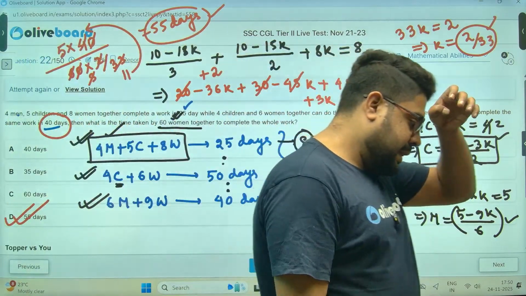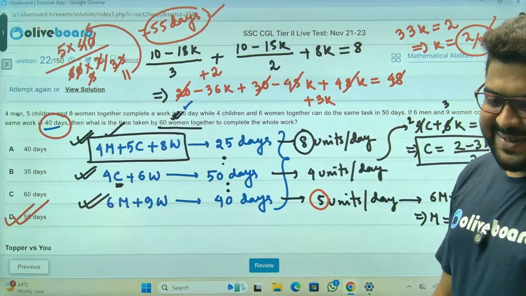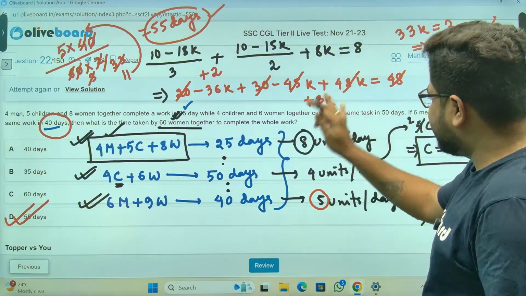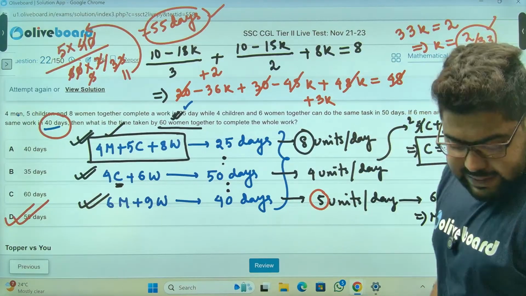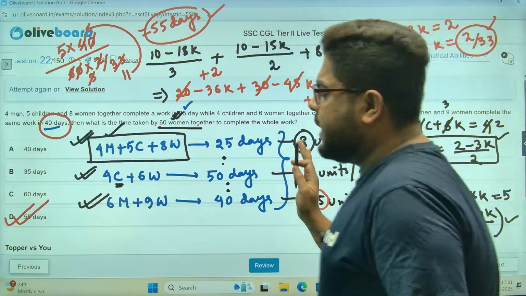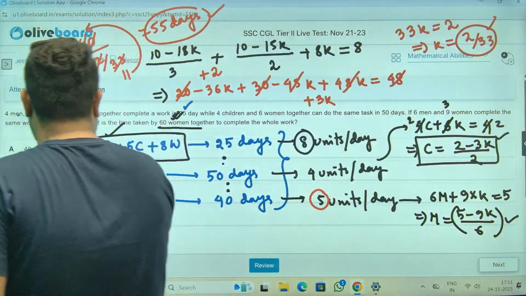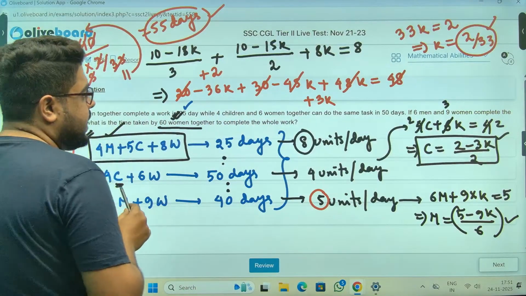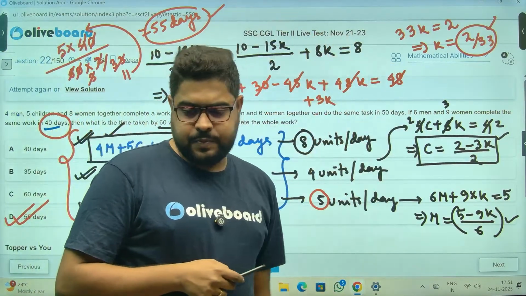Now, again, this was definitely a lengthy question. If anybody has any doubts here, feel free to ask. But remember this method, if you have a question like this, you should know how to solve it.